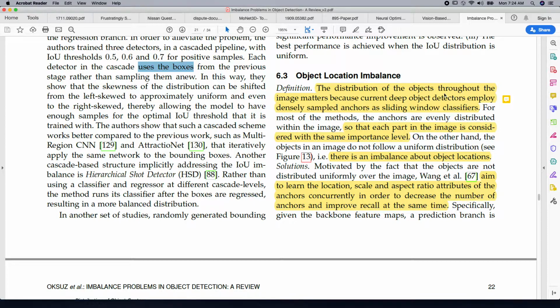So the distribution of the objects throughout the image matters, because currently objects are detected by a densely sampled sliding window classifier, so each part of the image is considered with the same importance level. That's what we're trying to say. The figure 13 shows an imbalance about the object location.